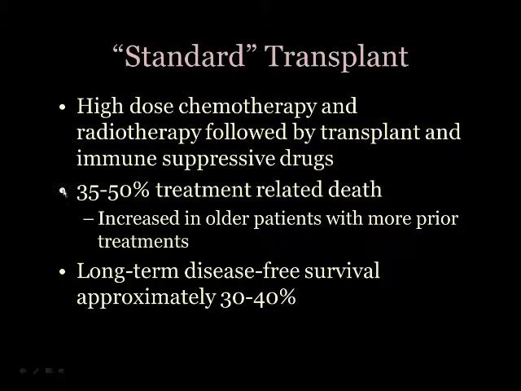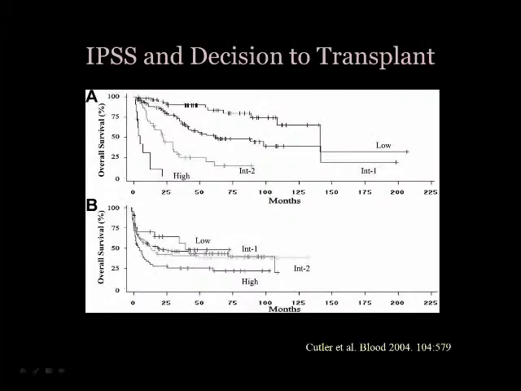Really, that's got a very high death rate from the actual procedure, mostly related to infections, and that death rate increases a lot as patients get older, and that's where it starts to get to an age where the risks outweigh the benefits. So really there is a cutoff of about 70 where it's no longer a feasible alternative, or for this standard transplant the cutoff's actually more like probably 55, 60.